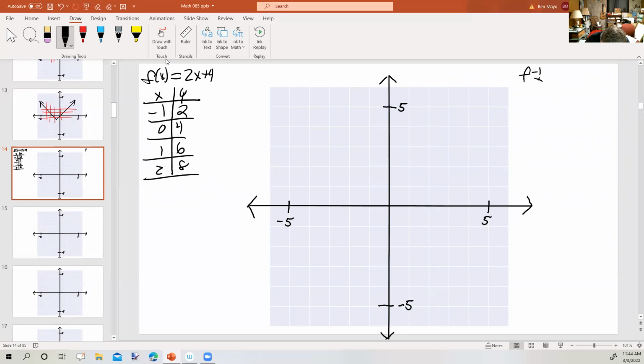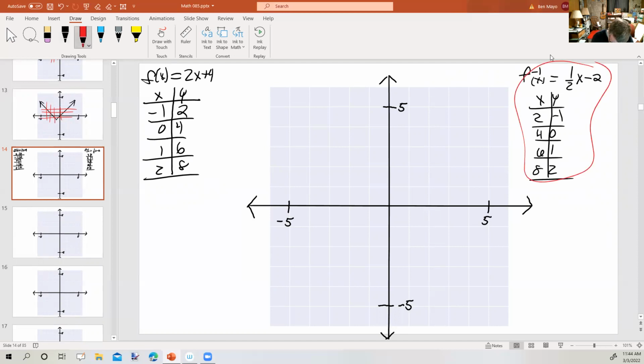And then the f inverse of x function, we had 2, -1, 4, 0, 6, 1, and 8, 2. In fact, let's make this one in red. So the f of x, -1, 2, 0, 4, 1, 6, 2, 8. It's off the graph, so we'll just go with what we've got.